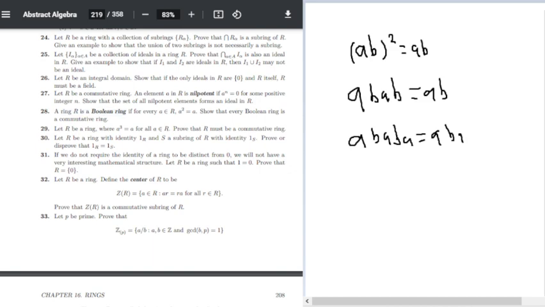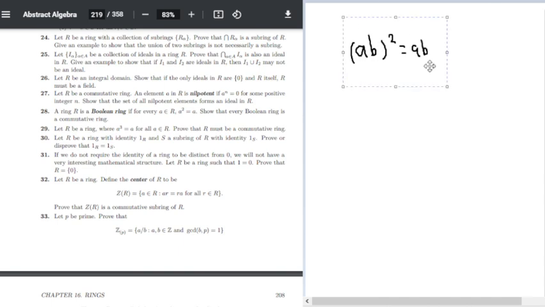Show that every Boolean ring is a commutative ring. So then we have, oh, because we don't necessarily have cancellation here.